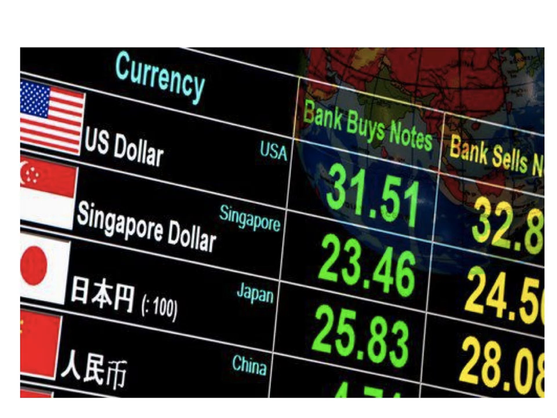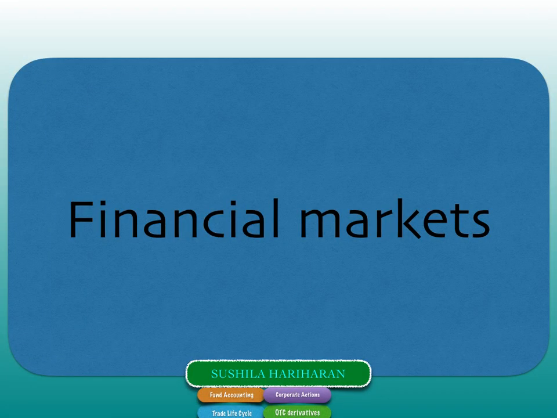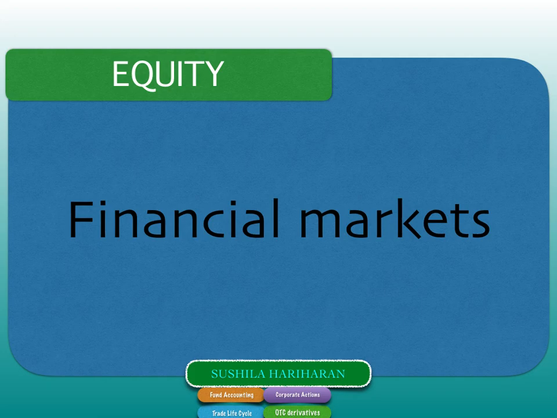Some markets are currency markets, some markets are stock markets. Let's take a look at some of them. When we talk about financial markets, we could be referring to equity markets. For those of us who are not yet familiar with terms in equity, it's also called common stock, also called a share. Colloquially in India, we call them a share market, share bazaar, etc. But let's just call them equity markets.